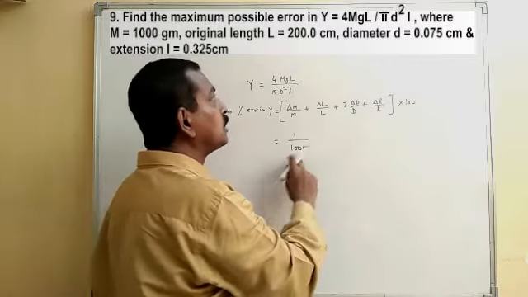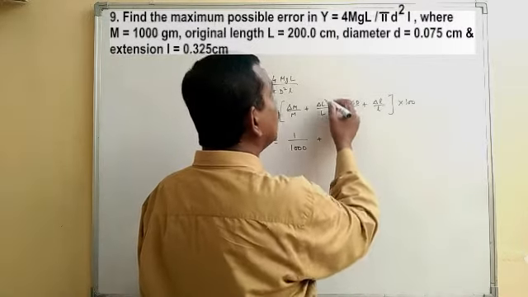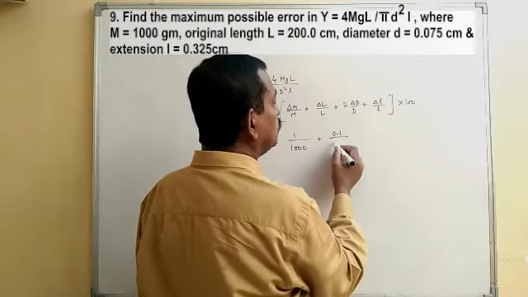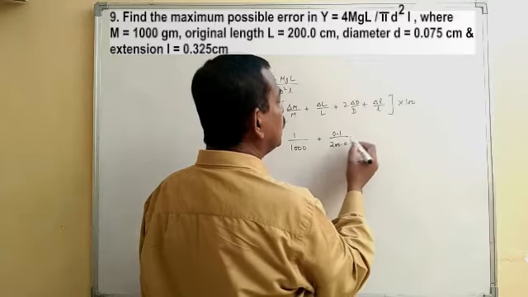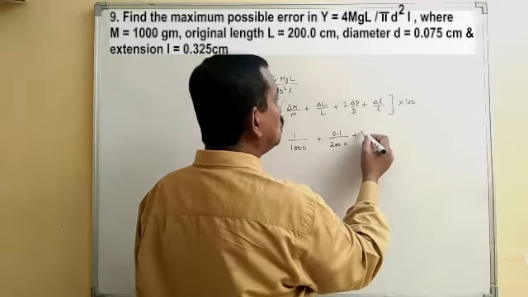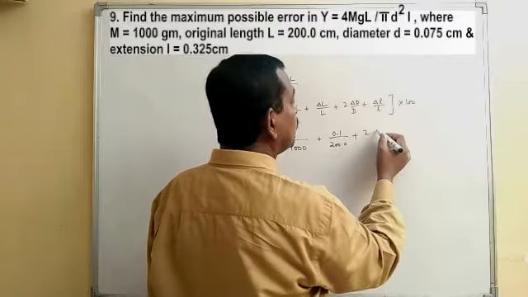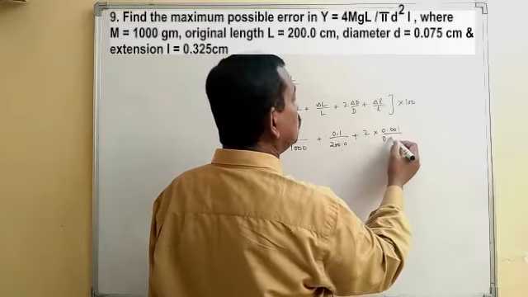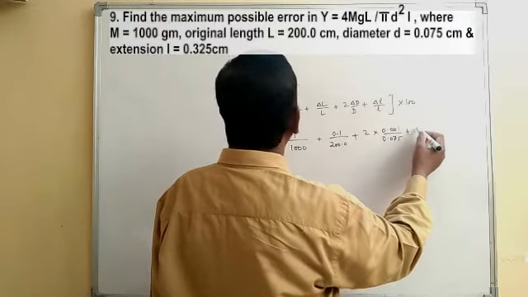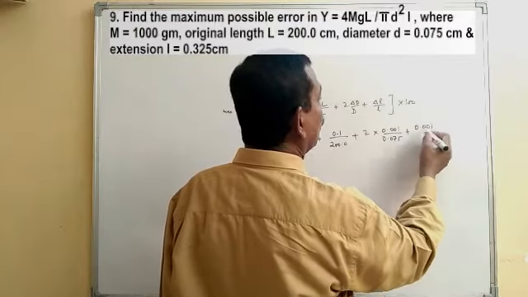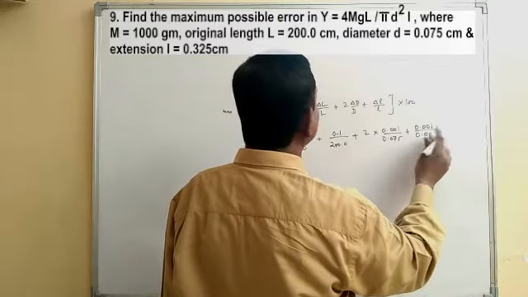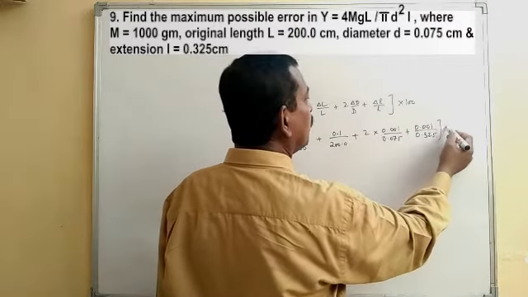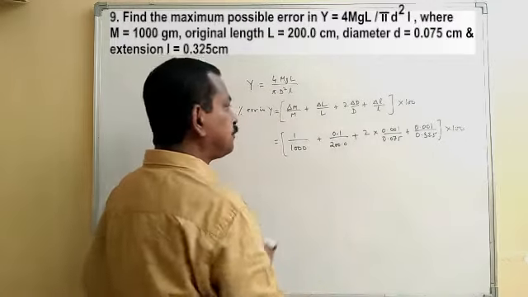So it is 1 by 1000 plus delta L, 0.1 divided by 200.0, plus 2 times delta d, that is 0.001 by 0.075, plus 0.001 by 0.325, and this entire term is multiplied by 100.